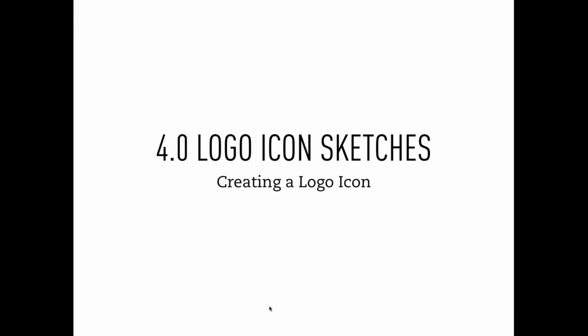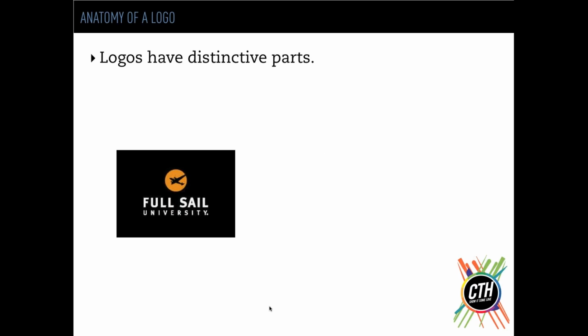So I'm going to go over this first assignment, the 4.0 logo icon sketches. Now, there are two assignments this week, 4.0 and 5.0. First do this one, then do the next. You'll see why. The logo icon sketches are based on a sort of logo setup, very similar to what Full Sail University is doing.